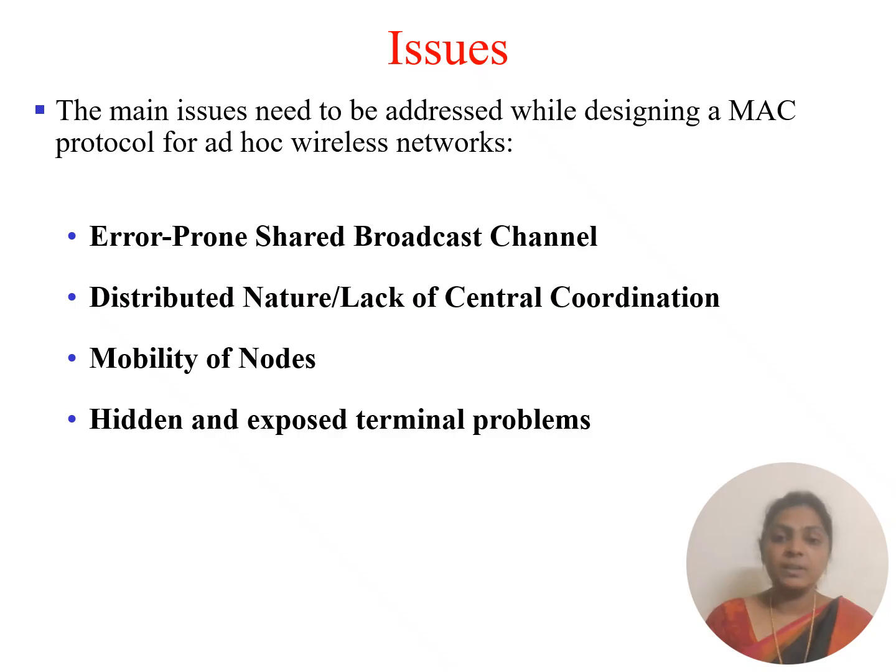If many stations are within this coverage range, then there is a possibility of a shared broadcast channel. What happens is there is the same channel and the broadcast messages will be sent to many nodes. So there is a possibility of error happening during this broadcast, because many nodes are being dealt with within this same channel.